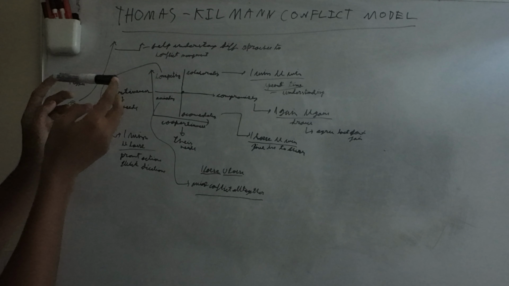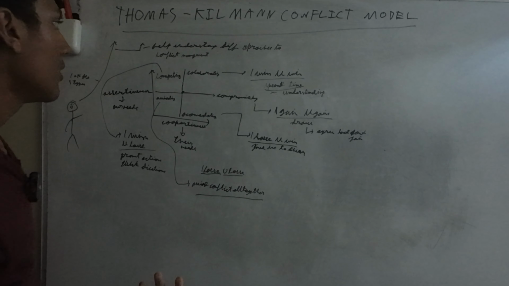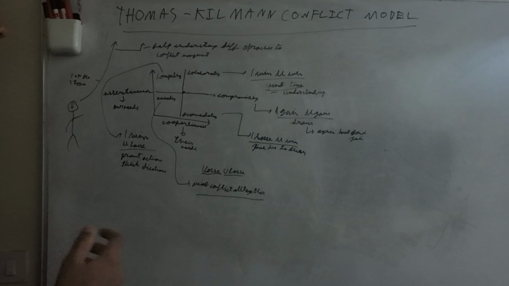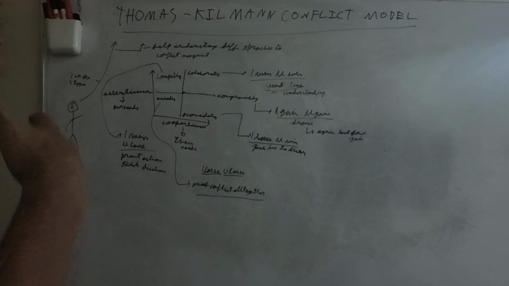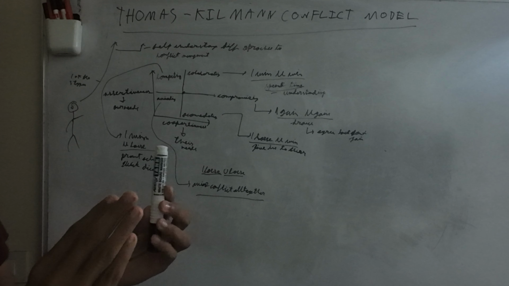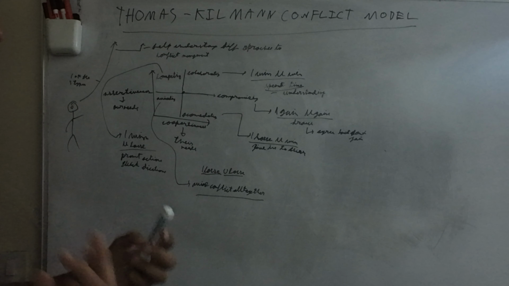What this says is an I win, you win situation, where you actually spend time to understand the other person's needs and the other person gets to understand your needs, and you can work it out together to make the situation an I win, you win. So both parties get what they want. The main problem with this is that it takes some time for this to happen, but when it does happen, it can be really good.